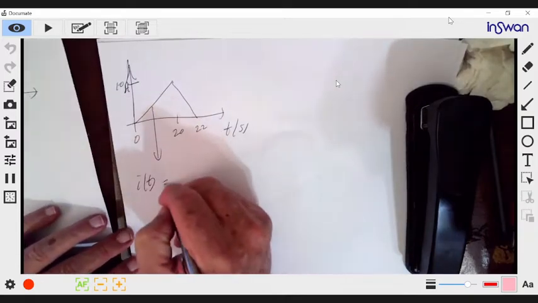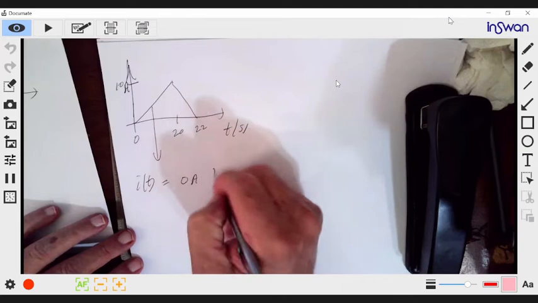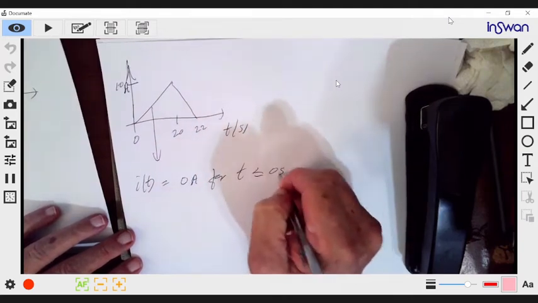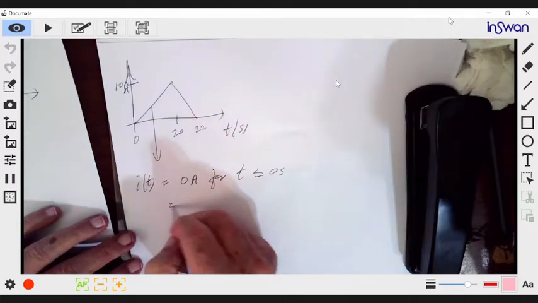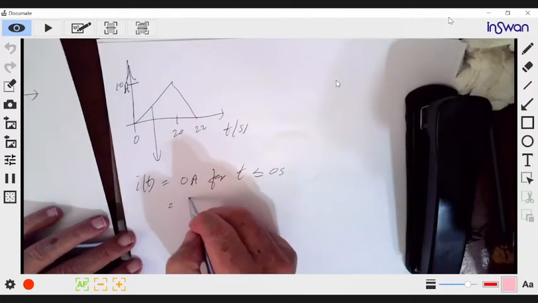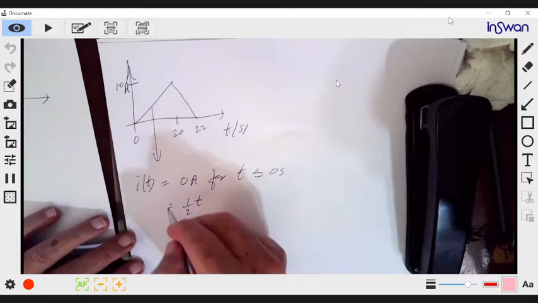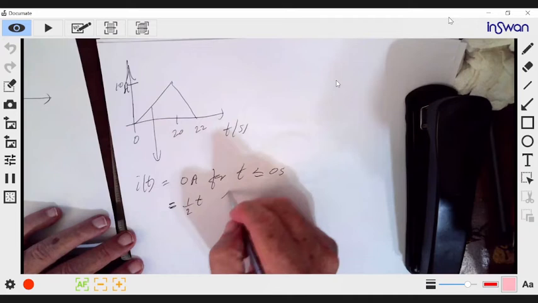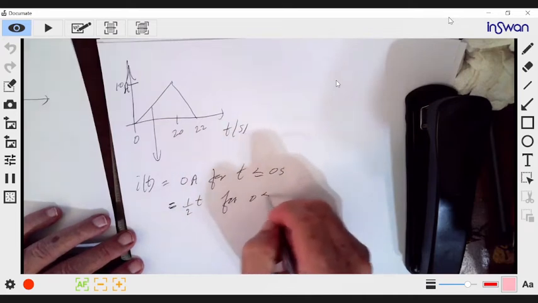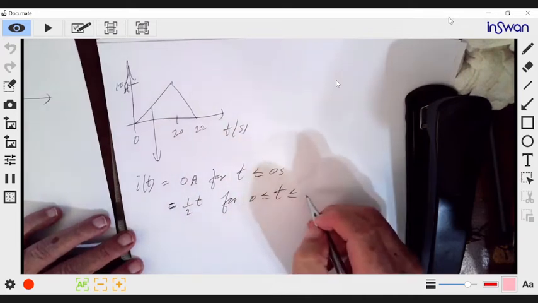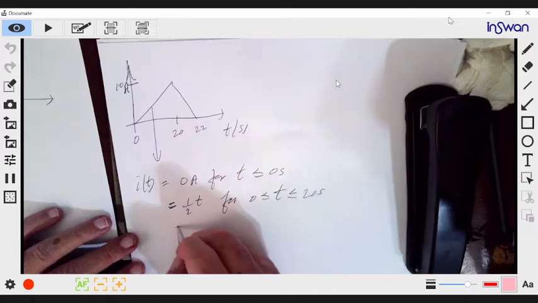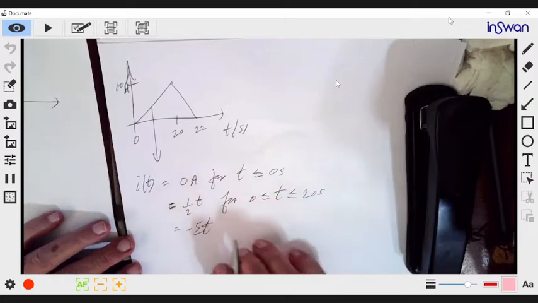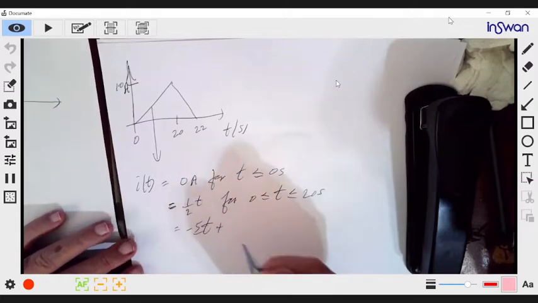So I of t is equal to 0 amps, for t less than or equal to 0 seconds. I of t equals, what is that? 10 over 20, a half t. Okay. A half t for 0 less than t less than 20 seconds.